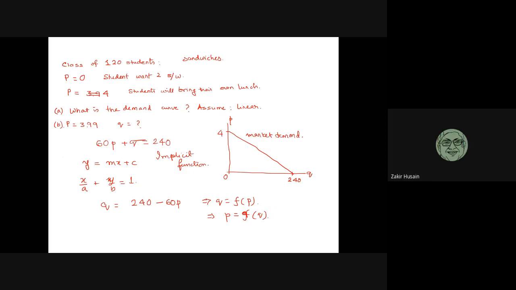Okay. Both are demand functions. So this is a Walrasian function. Quantity is a function of price. The Marshallian function is price as a function of quantity.